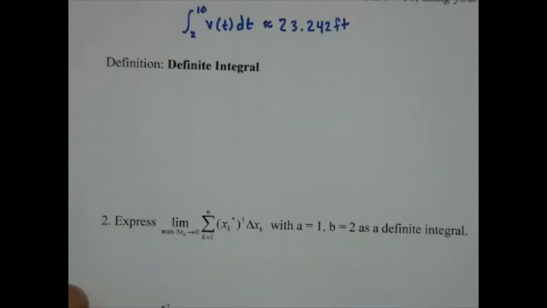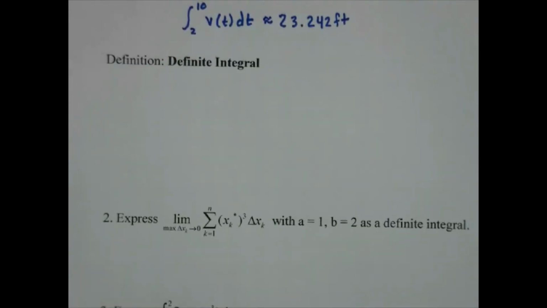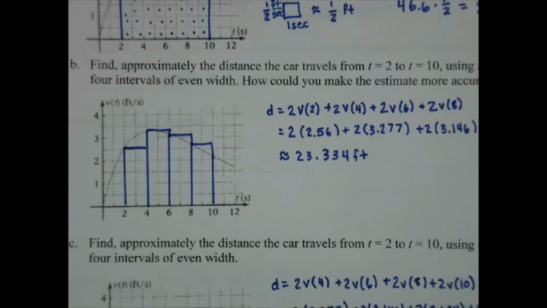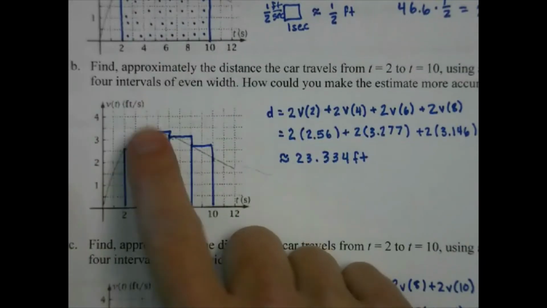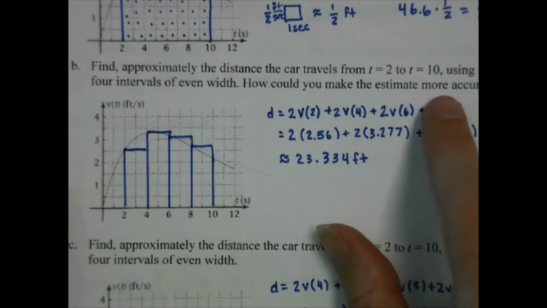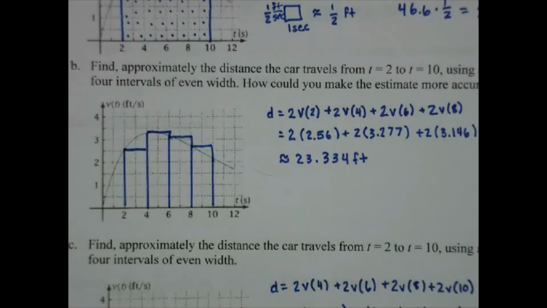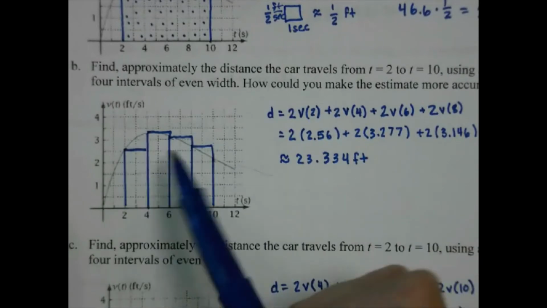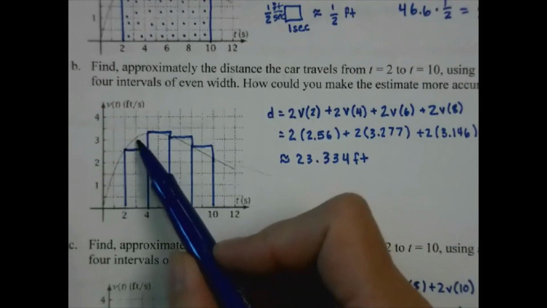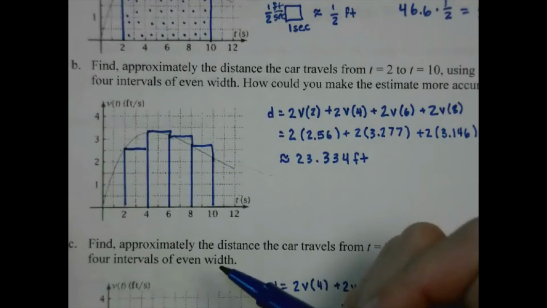Okay, so now I'm going to write two different definitions of the definite integral. And before I do that, I want to go back to the first page. In 1b, there was a question that said, how could we make this estimate more accurate? What we're trying to do is find the actual area under the curve. Well, if I look at these rectangles, we've got some space we left out here, and some space that was extra that wasn't under the curve.